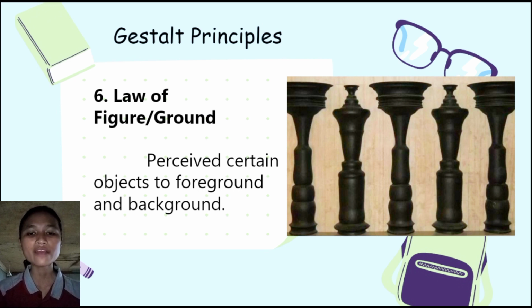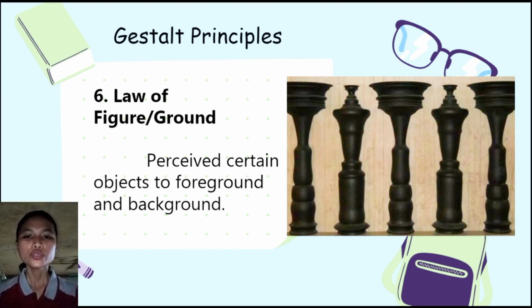Here we have an example of the face and vase illustration. As you see in the image, there are faces and vases, which depends on our way of perception. If we see the white as a figure, then it is perceived as a vase, and vice versa.